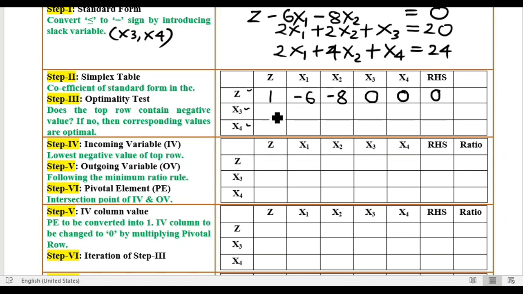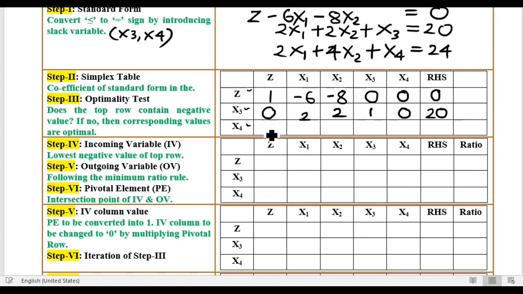Similarly for this row, z is 0, x1 is 2, x2 is 2, x3 is 1, x4 is 0, and RHS is 20.